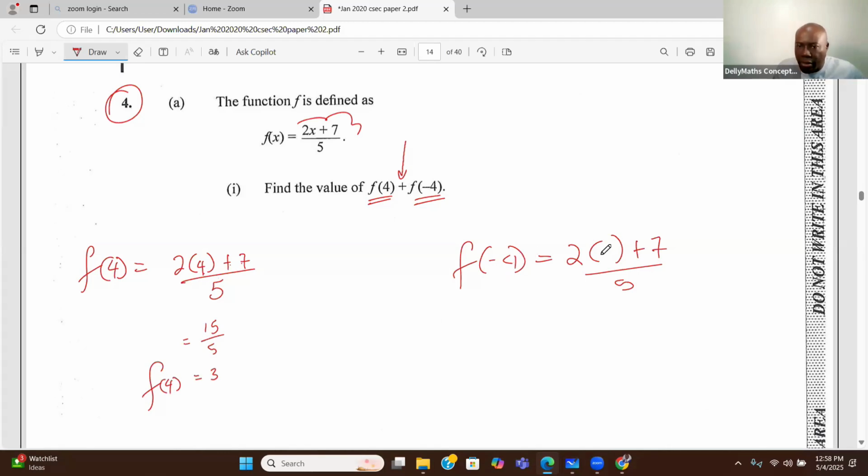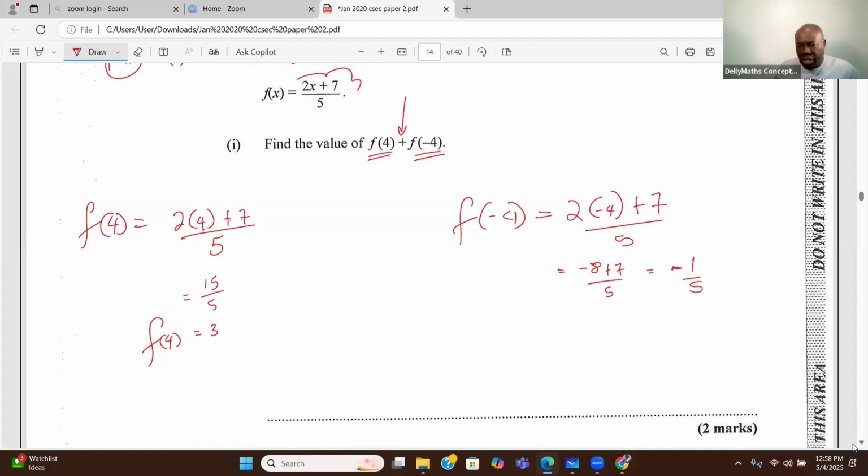For f of negative 4, put your negative 4 in there. Negative 8 plus 7, you could see, so this is actually negative 1 over 5. That's negative 1/5. Done. No decimal or anything. So when they ask you for the value of f of 4 plus f of negative 4, you could just write the answer.